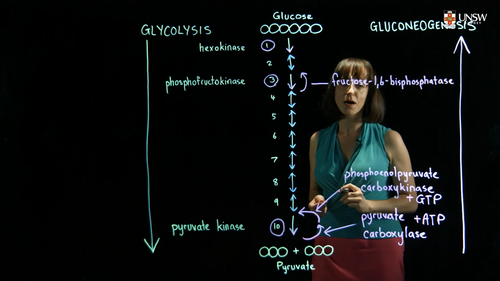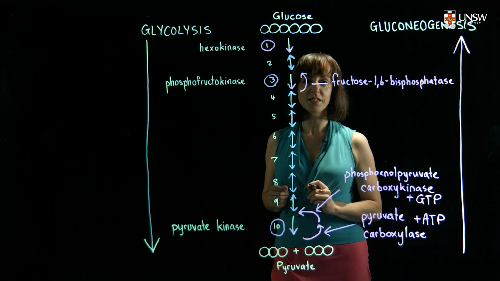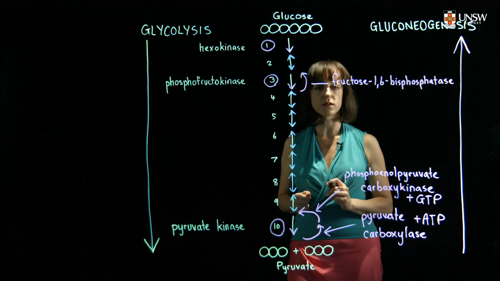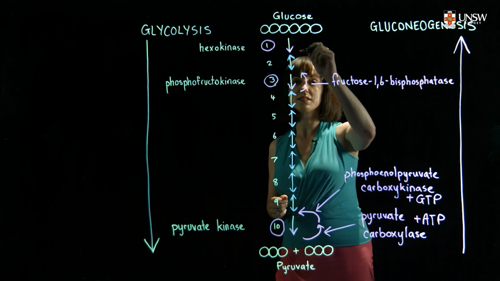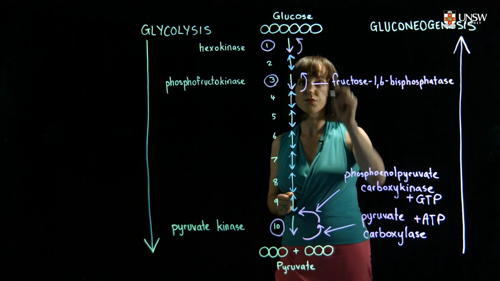And then lastly, at bypass number 3, the equivalent enzyme in glycolysis is hexokinase, but at bypass number 3 in gluconeogenesis, the enzyme that catalyses that step in reverse is called glucose 6-phosphatase.